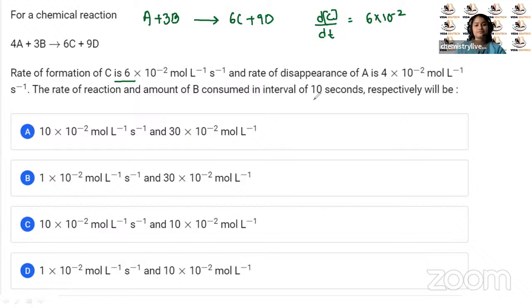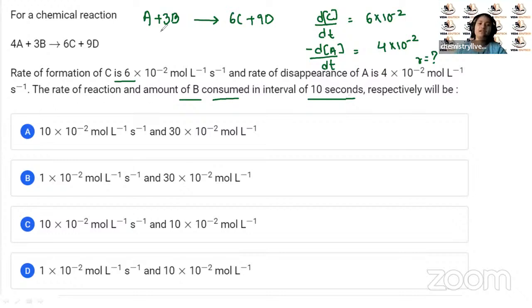The rate of disappearance of A is given, that is minus dA by dt. The rate of reaction, that is R, is being asked, and the amount of B consumed in an interval of 10 seconds. Or consumption of B, that is minus dB by dt, in 3 seconds, is being asked.